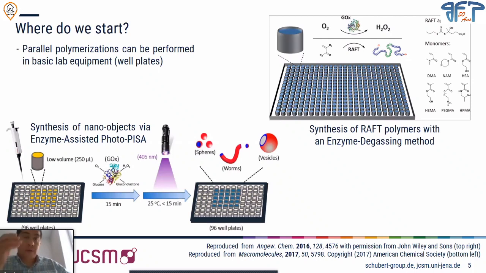But where do we start if you want to do high throughput or high output experimentation in polymer science? As I said, the pharma industry was somehow more successful so far than the polymer field.